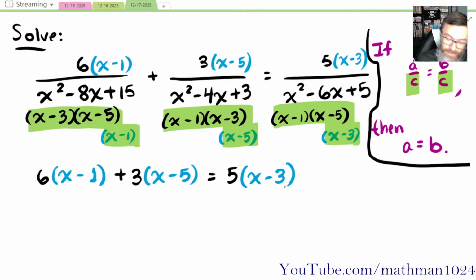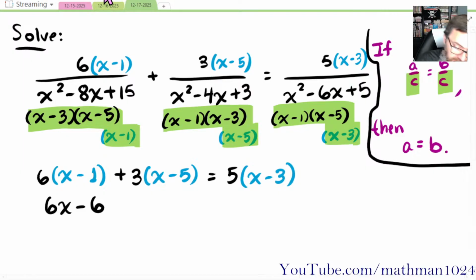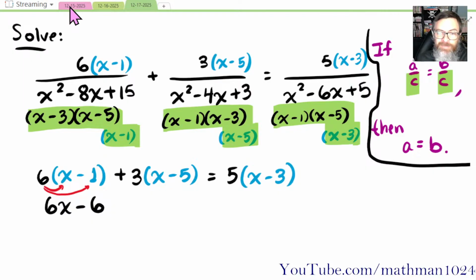So now let's distribute. 6 times x is going to give me 6x, and 6 times -1 is -6. Make sure that you are distributing correctly. If you need to draw the arrows to make sure that you are multiplying everything and you're not skipping anything, then do that. All right, and so let's do the next one.